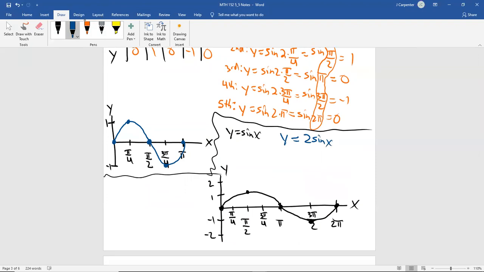So this has the same exact period. There's no number in front of the x. We have not done this example, but you'll still have the points here, here, and here. The zeros stay the same. But because there's a 2 for the amplitude, instead of the pi over 2 and the 3 pi over 2 having heights of 1 and -1, they'll have heights of 2 and -2. So it makes the waves look taller.